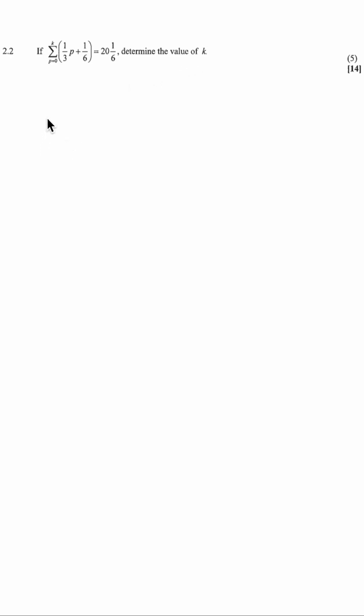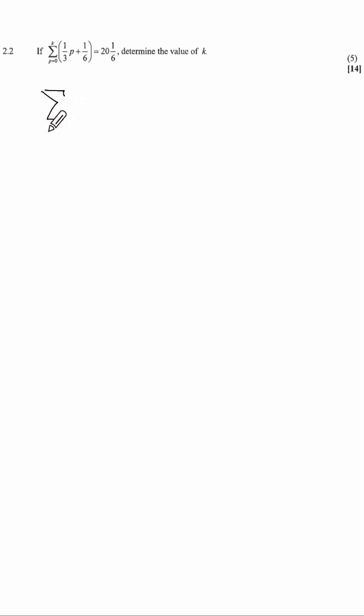So in many cases in sigma notation, what we want to do is expand a little bit, maybe about 3 terms usually would be sufficient. So what do I mean by that? The sigma notation sign essentially means the sum of, right?